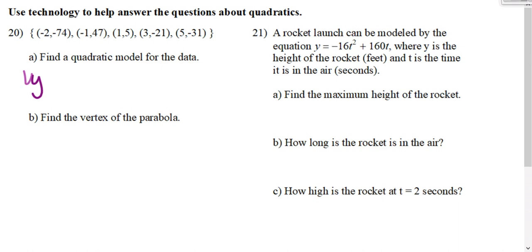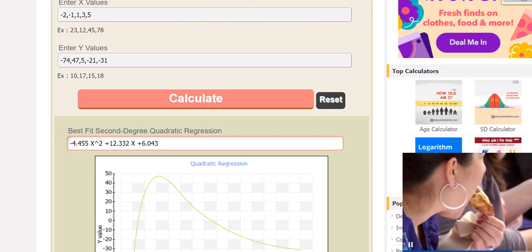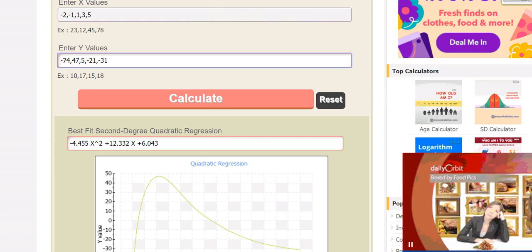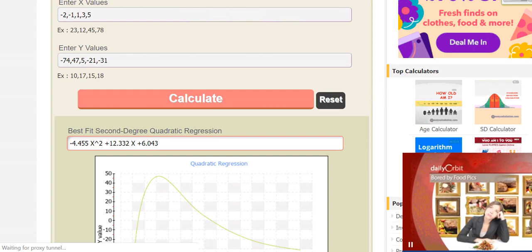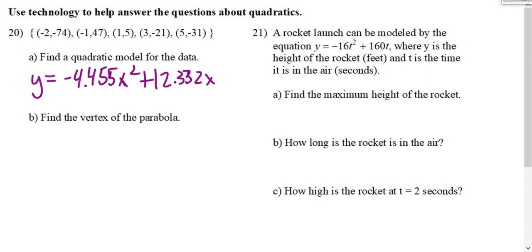Y equals -4.455 x squared plus 12.332 x plus 6.043. All right, it's a pretty messy answer, but that's fine.